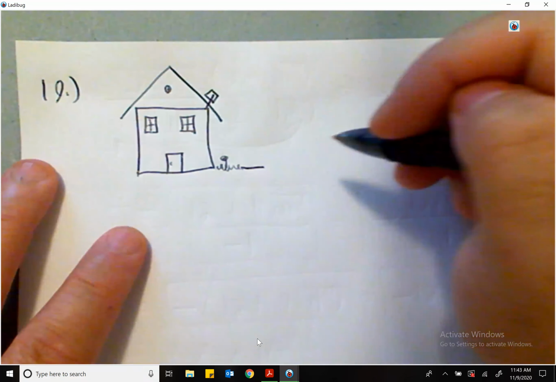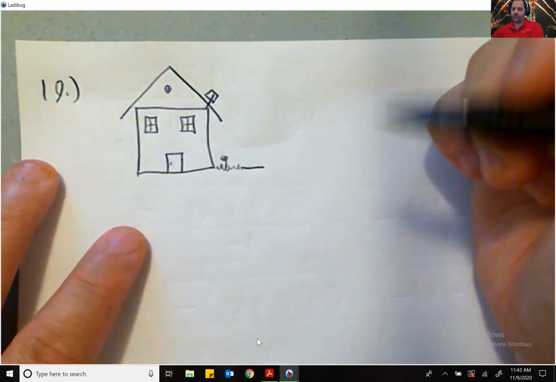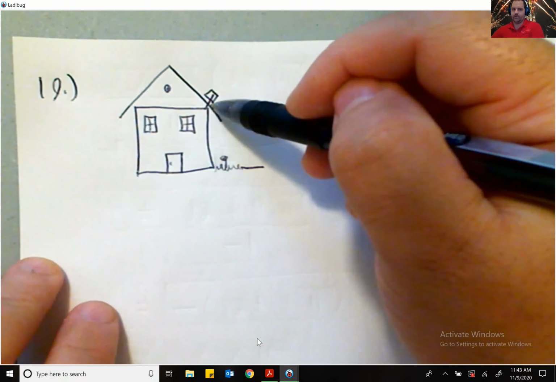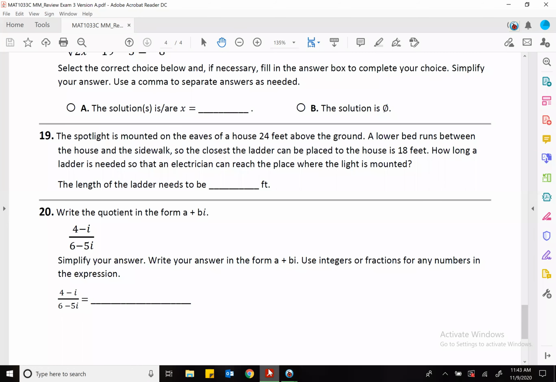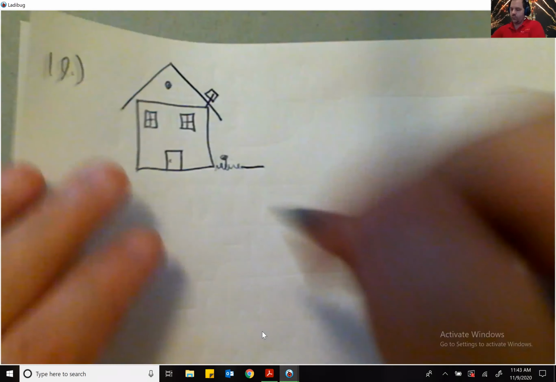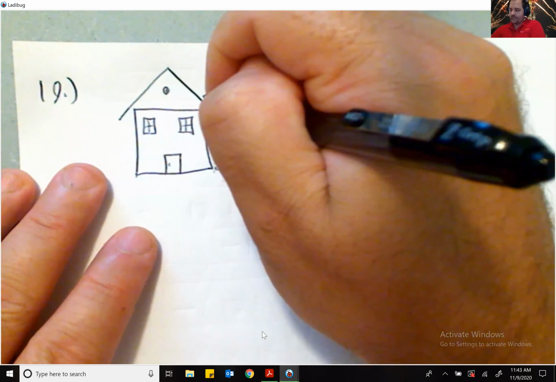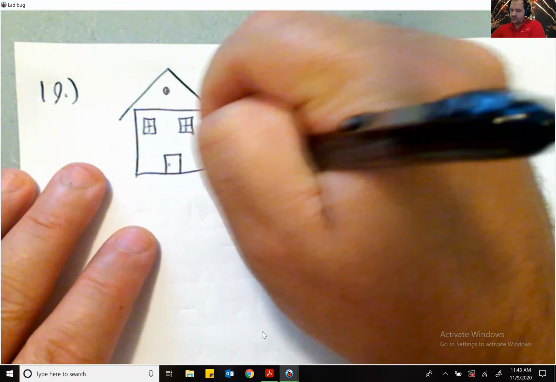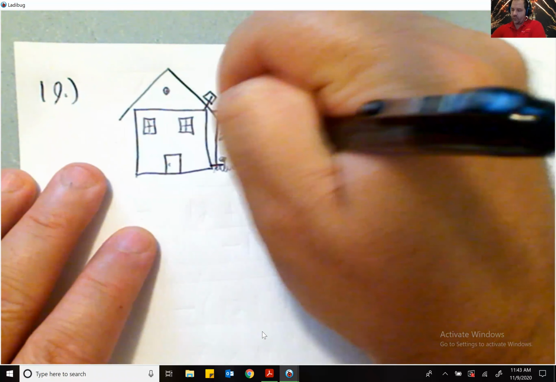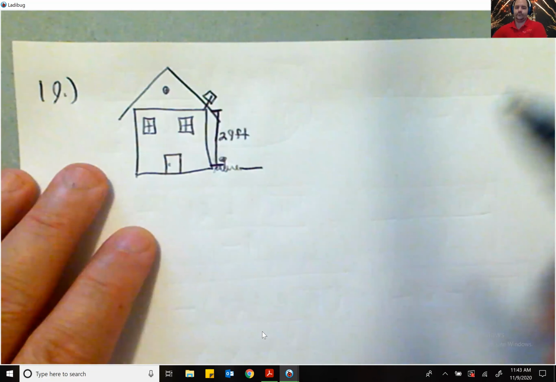Okay. So let's fill in some information. How high off the ground is the spotlight? 24 feet, I think. It is. So from here to here, it's 24 feet.